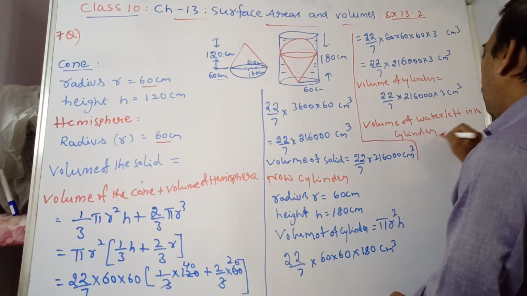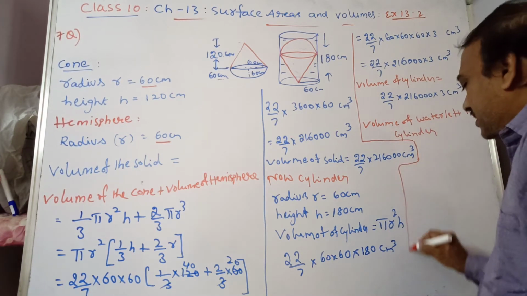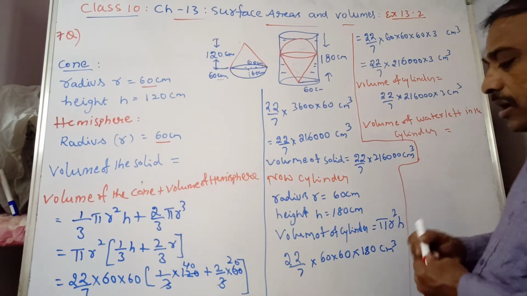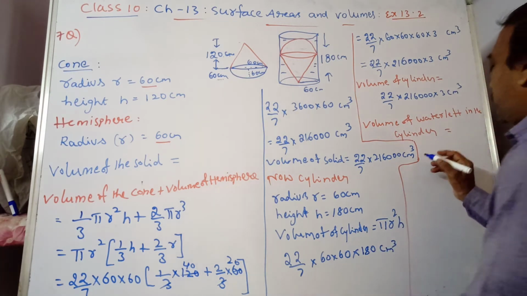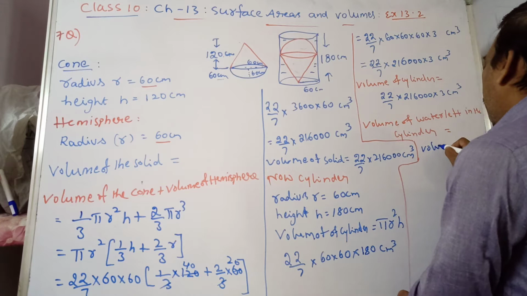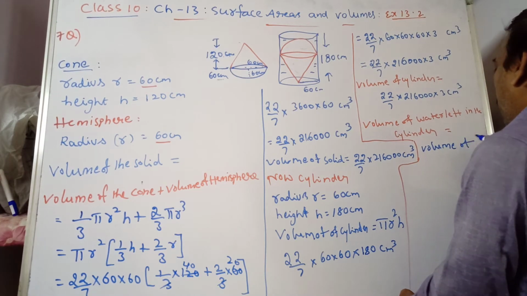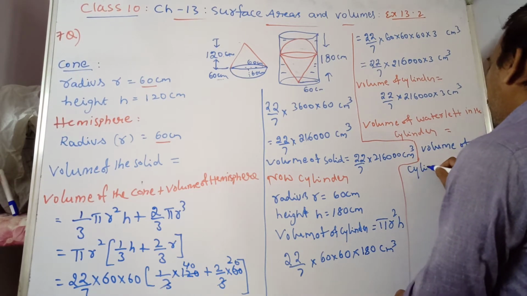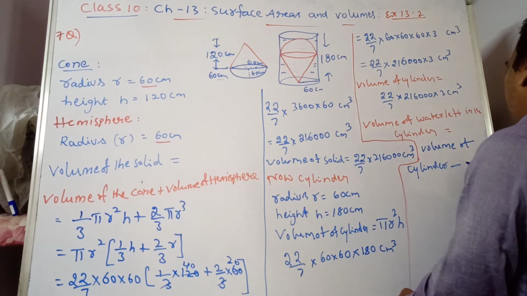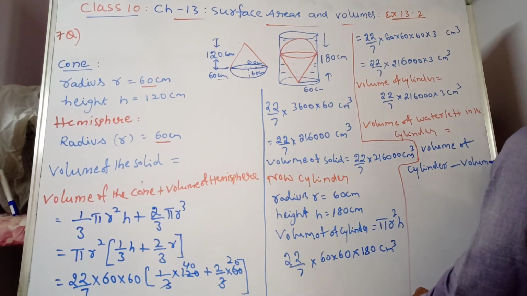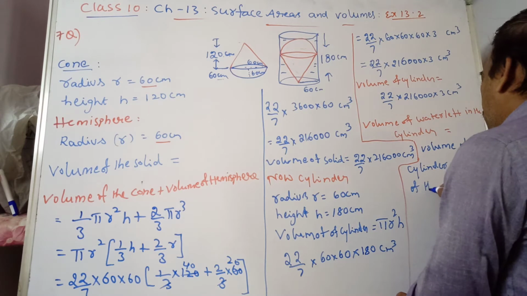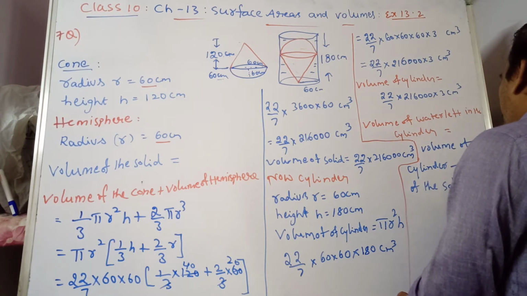Volume of water left in the cylinder is equal to volume of the cylinder minus volume of the solid.